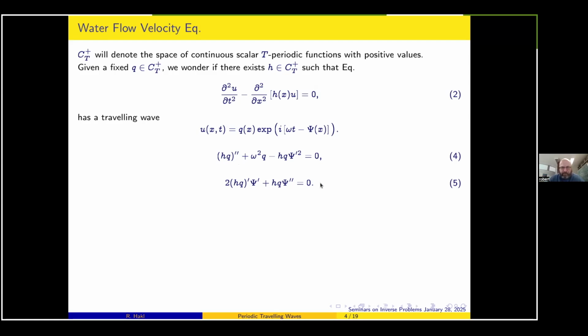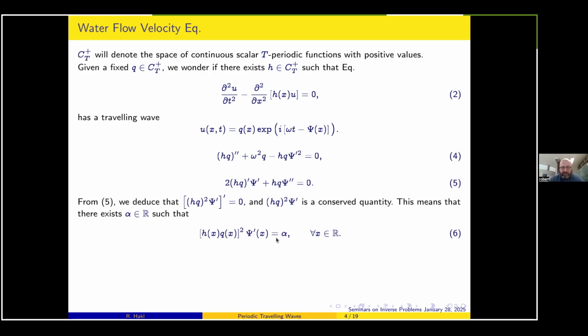Equation 5 means that a certain conserved quantity is hq to the power of 2 psi prime. This is a conserved quantity because this derivative is equal to 0. This follows from equation 5, and therefore we can denote it by some alpha.